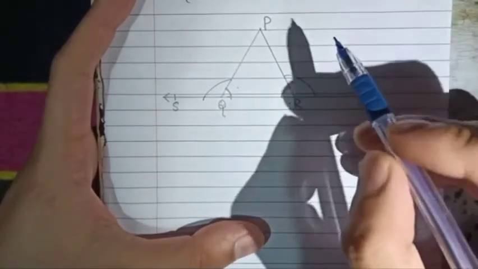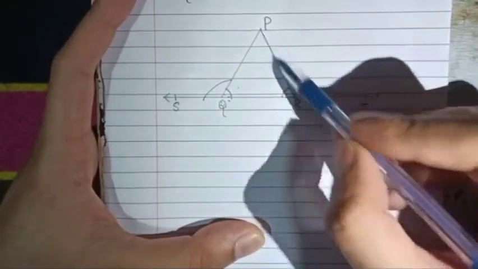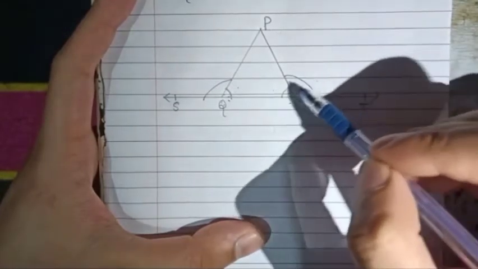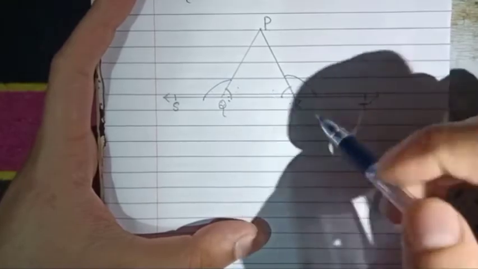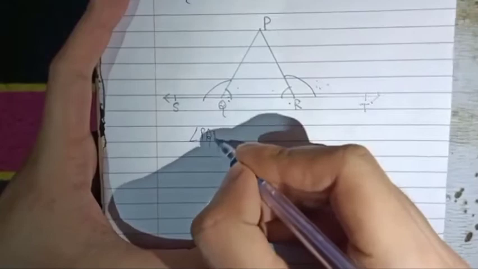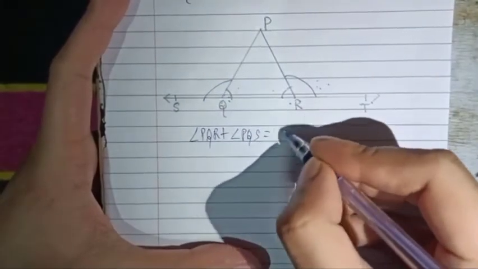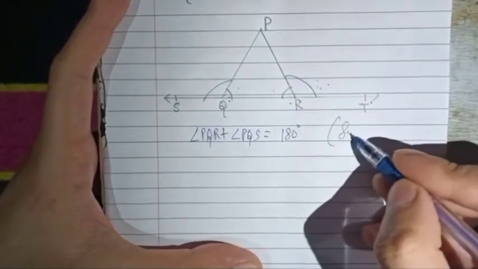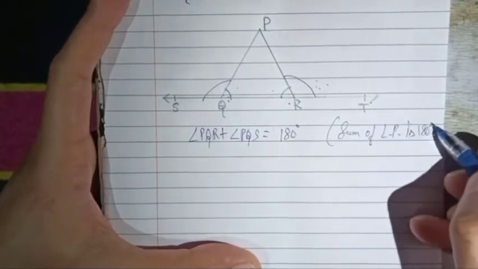In this way, here also angle PRQ plus angle PRT will be equal to 180 because they are also linear pair. Their sum should be 180 degree. So in this way we will solve. First of all, angle PQR plus angle PQS is equal to 180 degree. And here you write the reason, sum of linear pair is 180 degree.